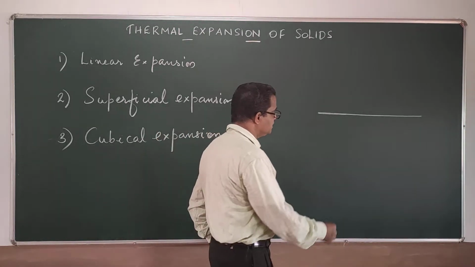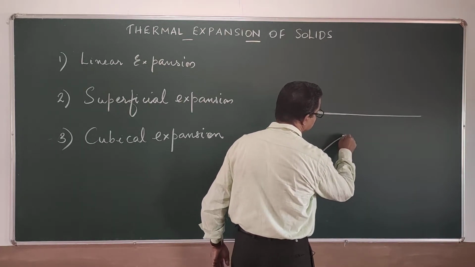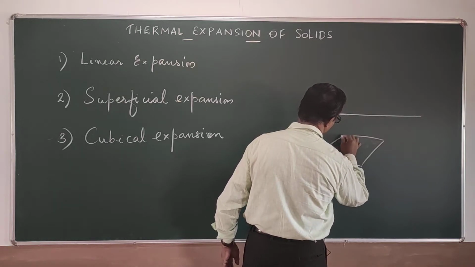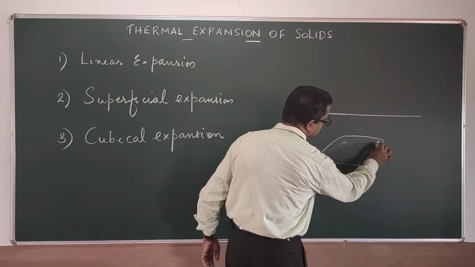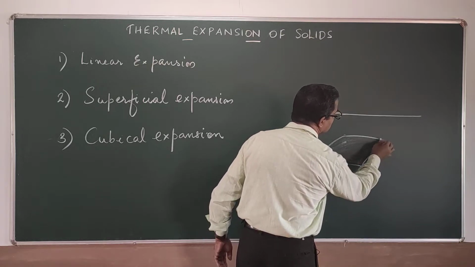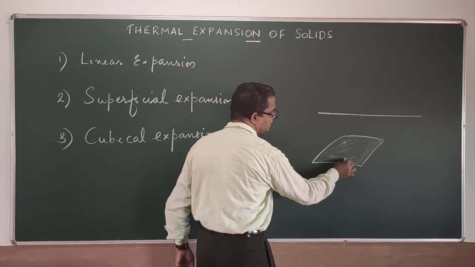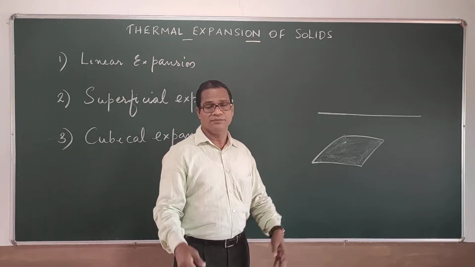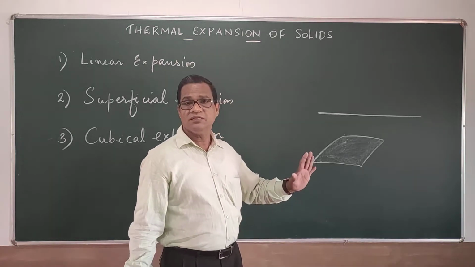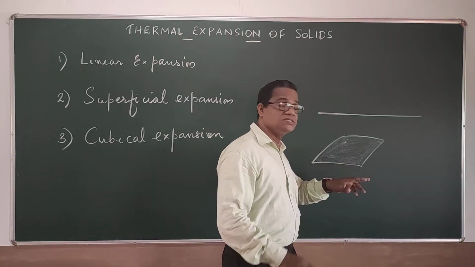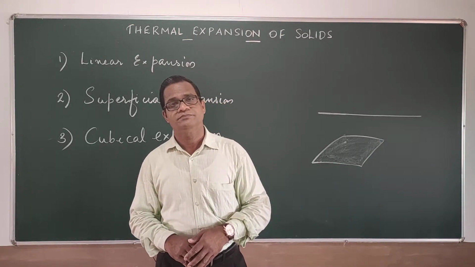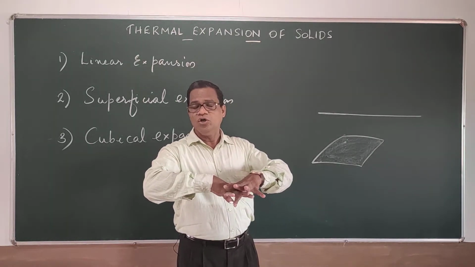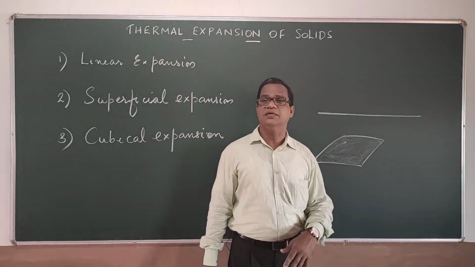Like that, if I consider a thin sheet of metal, and if I heat this thin sheet, the sheet altogether is going to be expanding, because the prominent dimension measurable here is the surface area. So as I heat this thin sheet, the surface area is increasing.